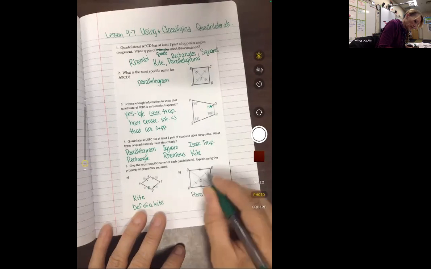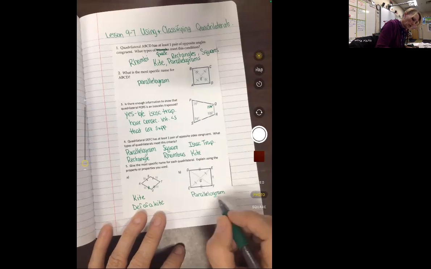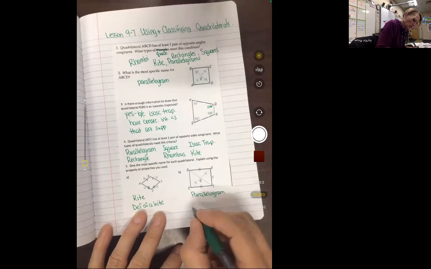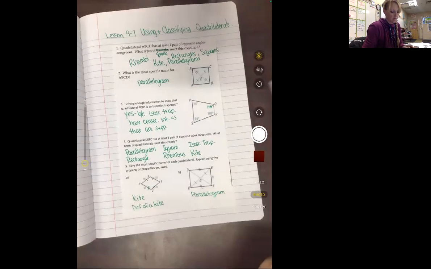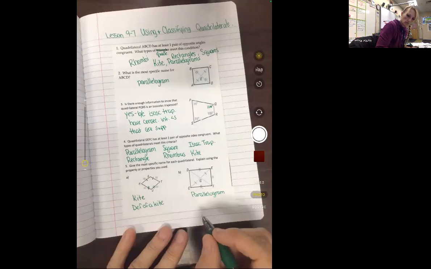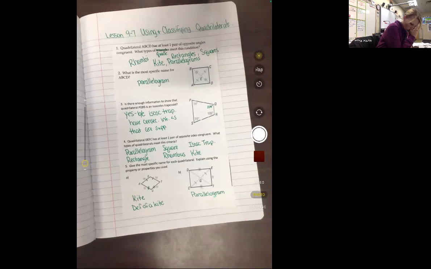And the reason I say that is because we don't know this is 9, but we know that this is bisected, and a parallelogram is the most specific thing we can call it there. The diagonals are bisected.